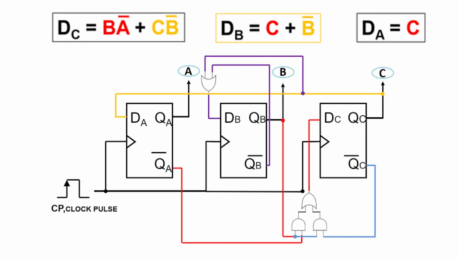For each input D such as DA, DB and DC, we can draw and make connections according to the simplified expressions in step 4. Please take note, the terms A, B and C in this explanation represent outputs QA, QB and QC. And last, make a connection for each input needed.